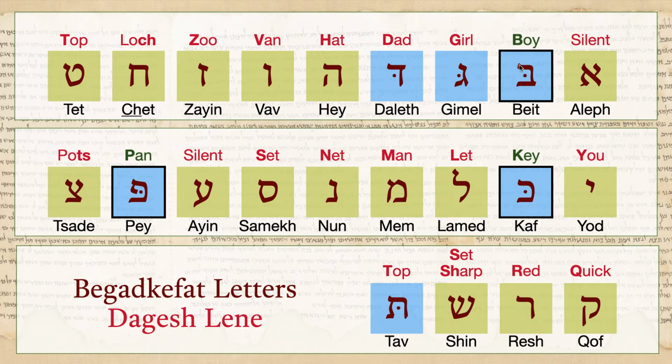For example, vet becomes bet. Instead of the v sound, it becomes the b sound, as in boy. Similarly, the kh sound becomes the k sound, and the f sound becomes the p sound, etc. You can review this from one of the previous videos.